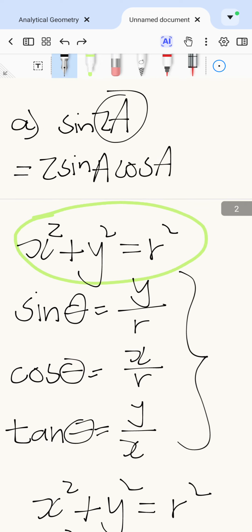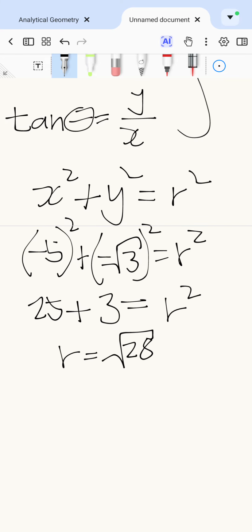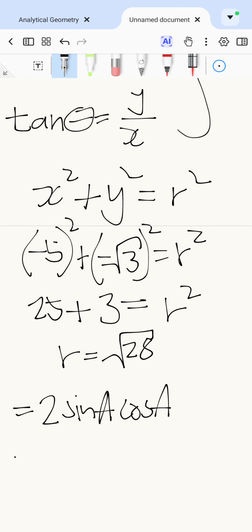Okay, let's just go back to what the question was. The question was this. So we say 2 sine alpha, or sine a, cos a. Right, so let's just go do that substitution. So we'll say 2, well, let's rewrite it quickly for a second, sine a and cos a. So we'll say 2.